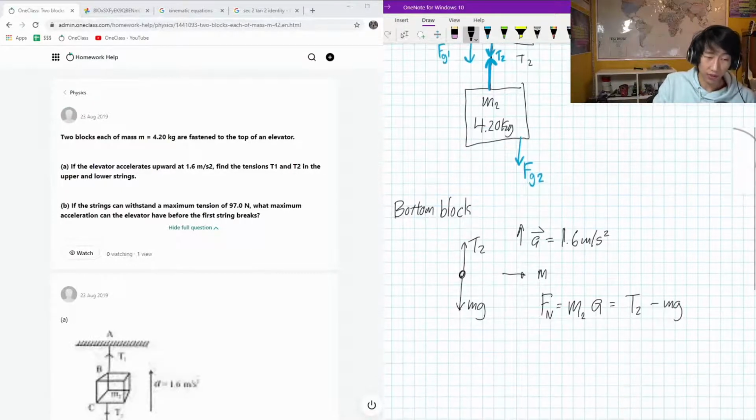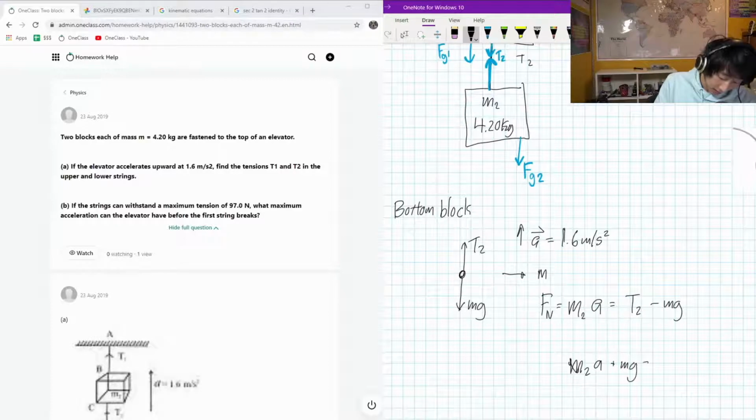Okay, so to solve for this, we're trying to solve for T, so that's just going to be m2a plus mg is equal to T2. Factoring, those m's are the same, so that's going to be m, and then a plus g is equal to T2.